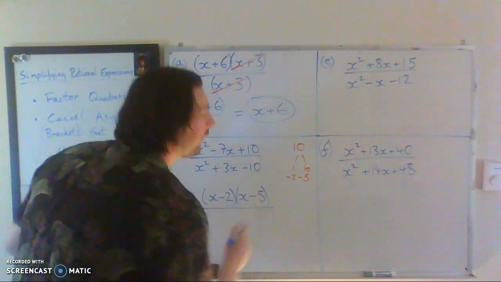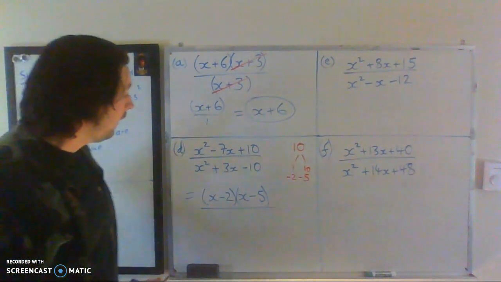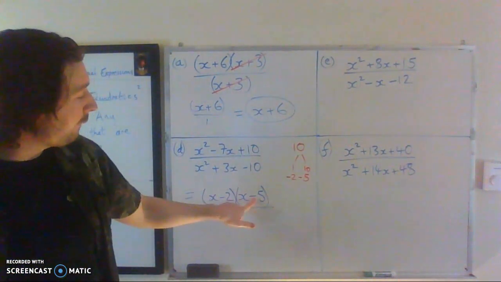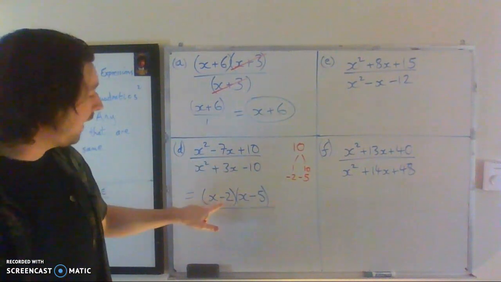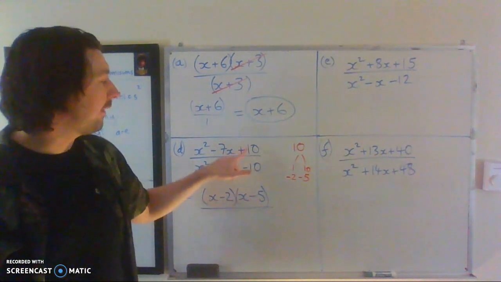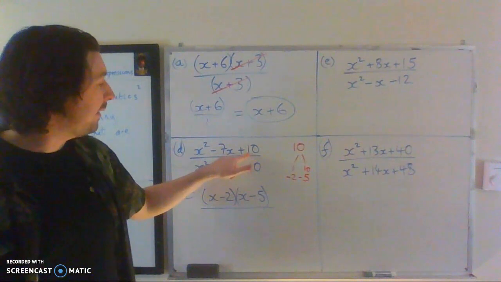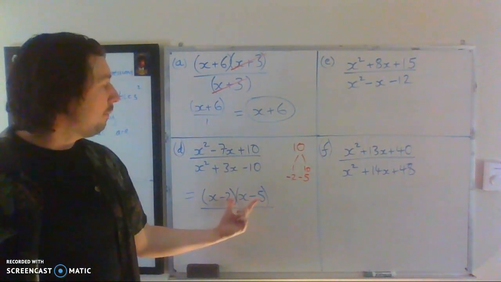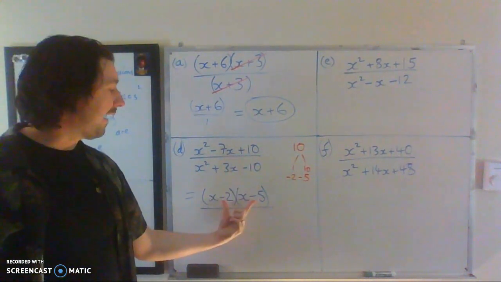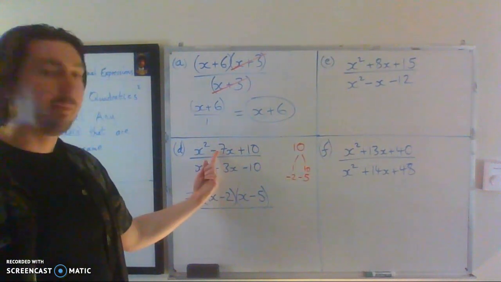It's kind of a harder one to start with, so I'm glad I'm doing this one. Negative 2 take away 5 is negative 7. Negative 2 times negative 5 is positive 10. So you just got to keep remembering, the numbers have to multiply for the last, and they have to add or subtract for the middle number.